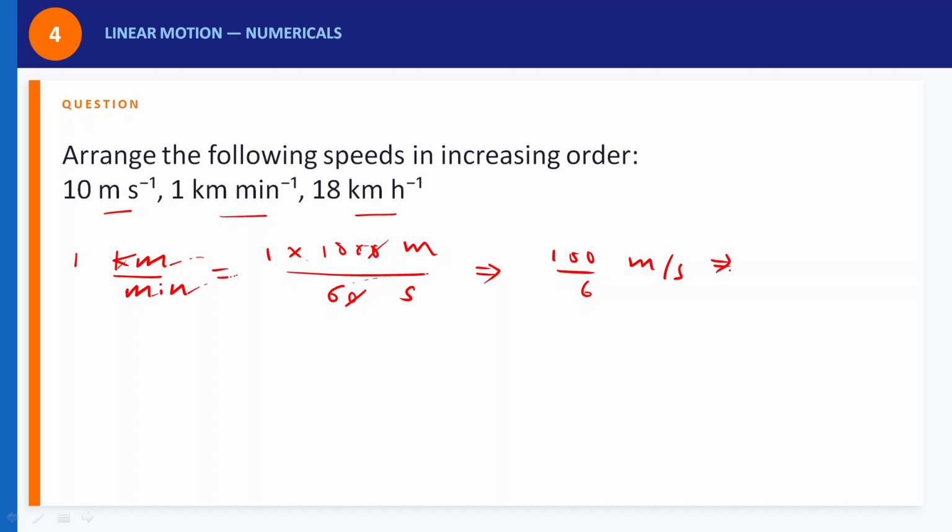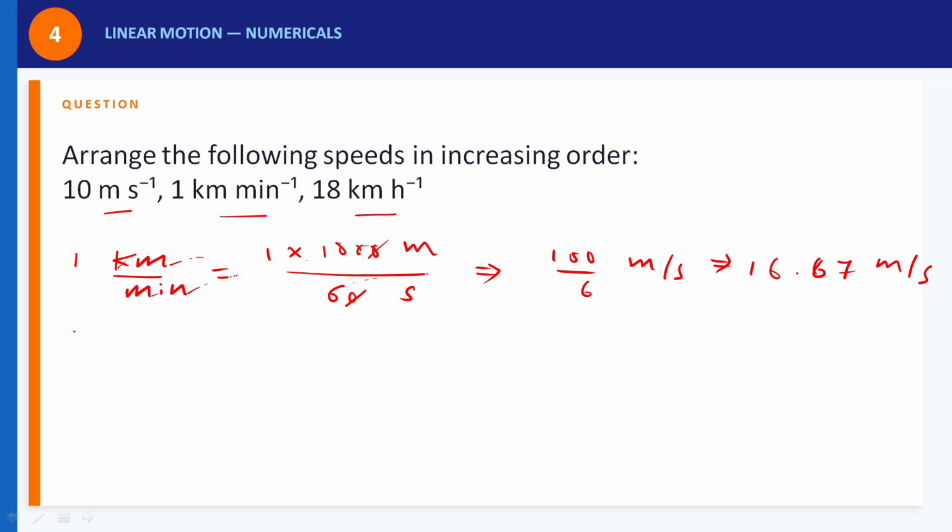Divide 100 by 6, you will get 16.66. So you will get 16.67 meter per second.